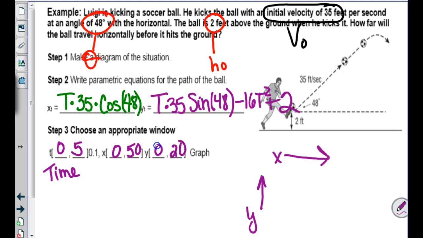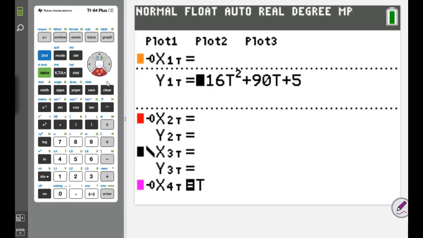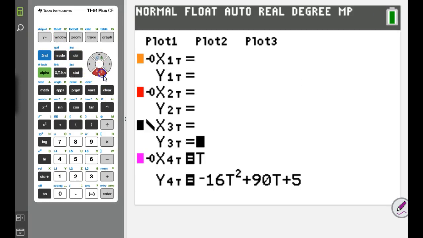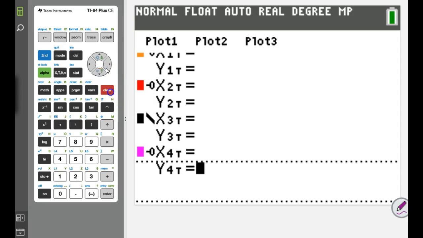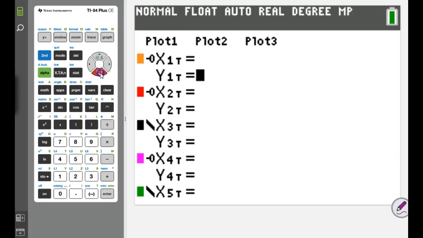Let's try that. Okay, type it in. Don't forget the t. That's usually what I do, is I forget the t. It's t times, was it 35, guys? Cosine of 48, did I remember right? Thank you.